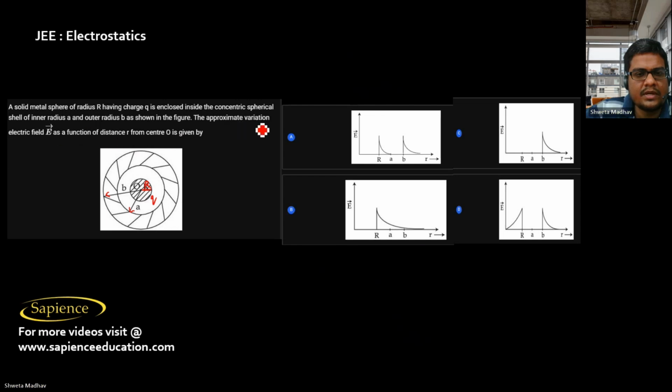The approximate variation of the electric field E as a function of distance r from center O is given by.